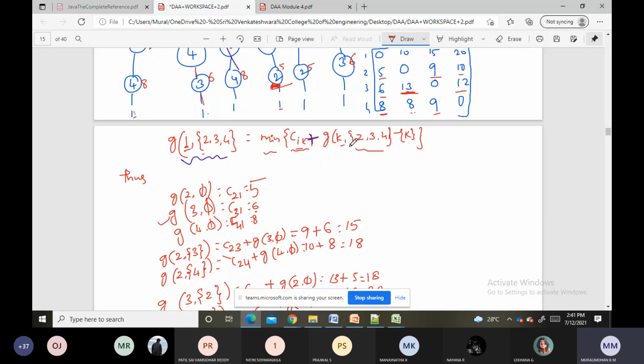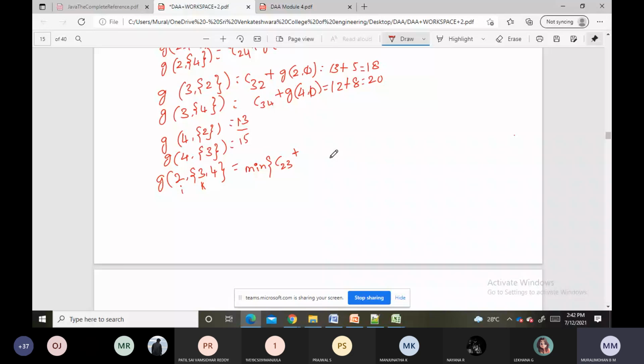So here if you select this k, then from this set you remove this k. What will be the set here? Suppose assume that here k is 2. Then what will this g be? g of 2 comma, if k is 2, the set minus k means 3 comma 4. Like this we should write. So how will we write here if k is 3?